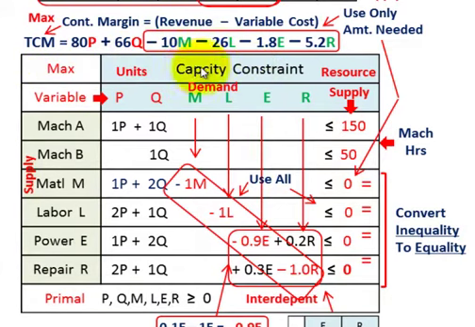And this is where we have our objective function, so now we just have to set up our capacity constraints, and that's really looking at the demand for each one of those variables, P, product P, Q, and then we also have material, labor, and then our power, E, or electrical, and then R for the repair costs. So then we have our resource supply shown here. So let's just go and look at that.